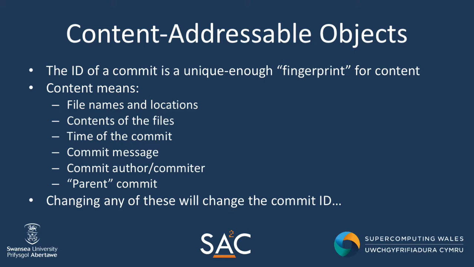So once I have all of those things, that will always produce the exact same commit ID, which is a really interesting concept. And obviously changing any of these will change the commit ID. So we're fairly sure that once we have a commit ID, the content is going to correspond.